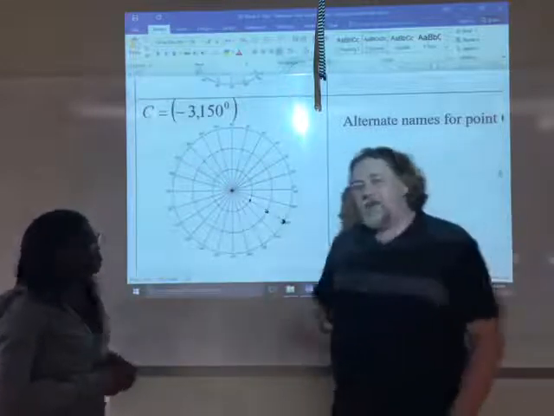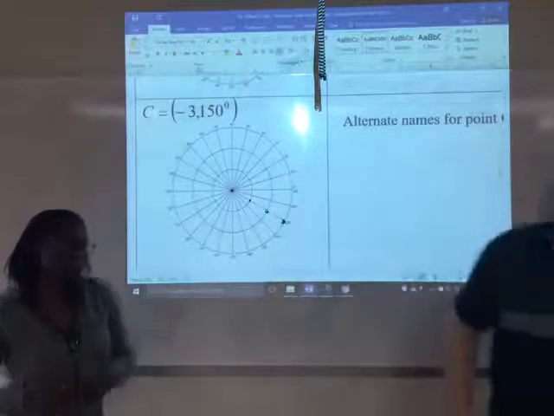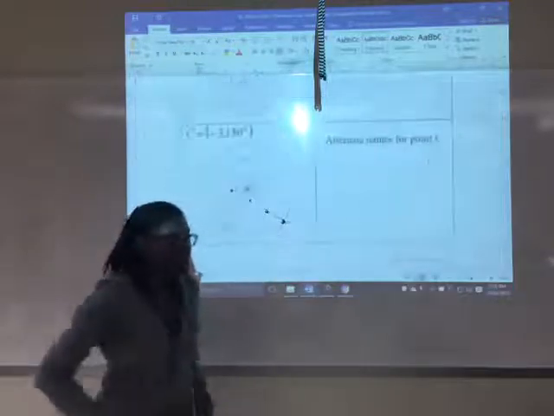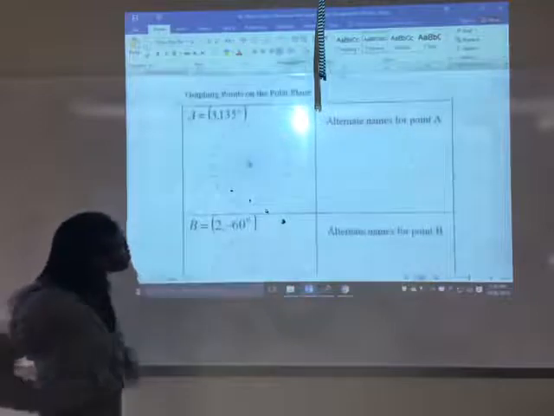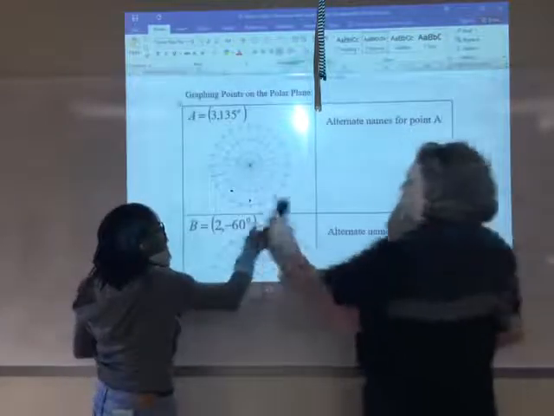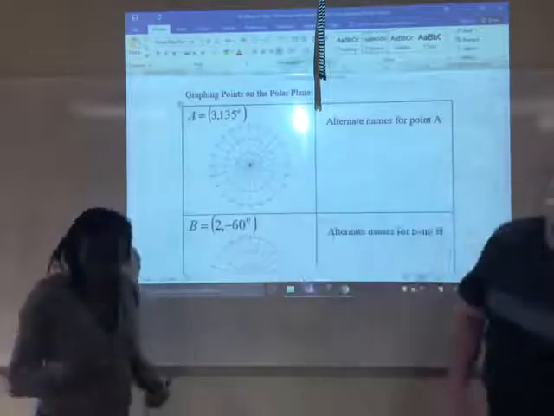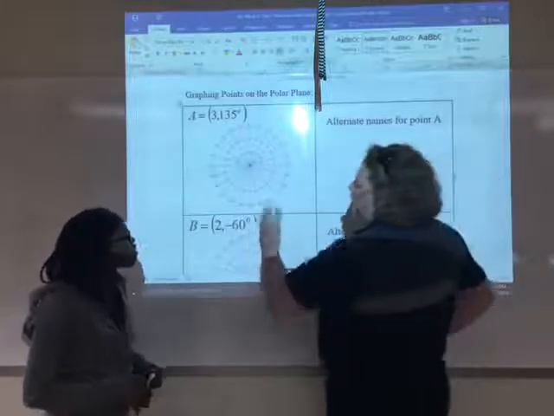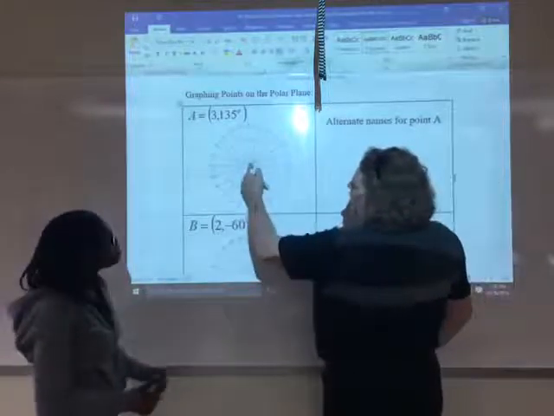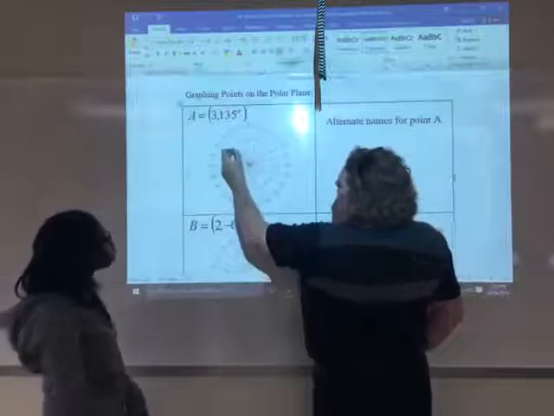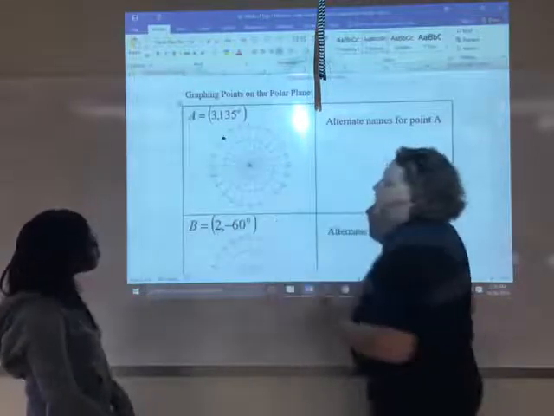All right. Now, if you've downloaded the handout, you'll notice that on the other side of the page, I've put a space for people to write alternate names. So let's talk about alternate names a little bit. We know, for instance, that this point A is at 135 degrees, 1, 2, 3 out from the center, right there.